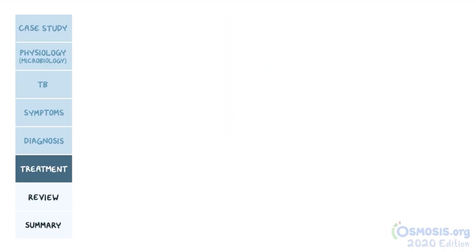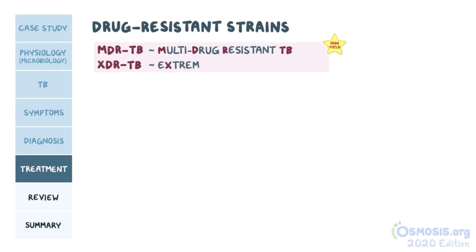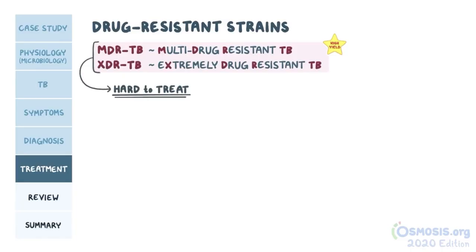Additionally, there's an enormous concern about new drug-resistant strains of TB that are causing infections in various parts of the world. You may hear of MDR-TB, or multi-drug-resistant TB, or XDR-TB, which is extremely drug-resistant TB, both of which are incredibly hard to treat because they don't respond to treatment with the usual antibiotics.